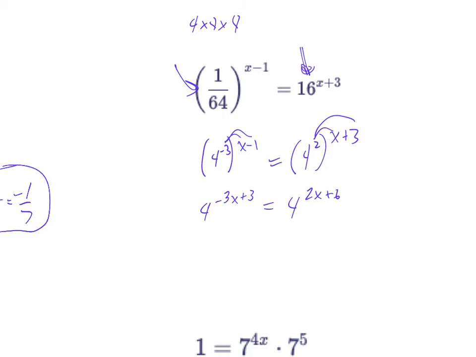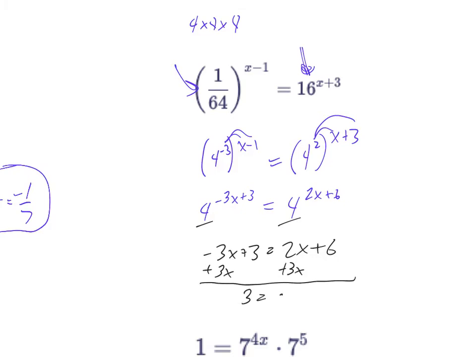Now, just like that, we're in an equal base situation here. So we have negative 3x plus 3 equals 2x plus 6. Now this becomes a little nicer for us. This is a review of last unit now. I'm going to take that smaller x and move it over, so I have 3 equals 5x plus 6.